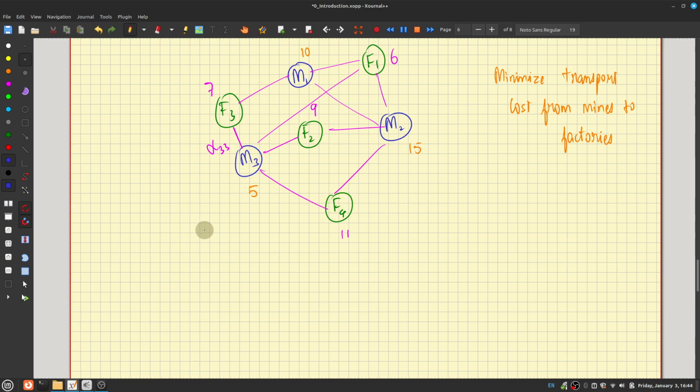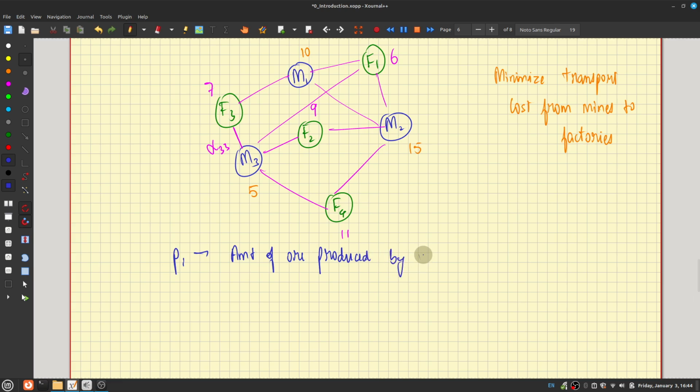Let's say that Pi is the amount of ore produced by the ith mine.